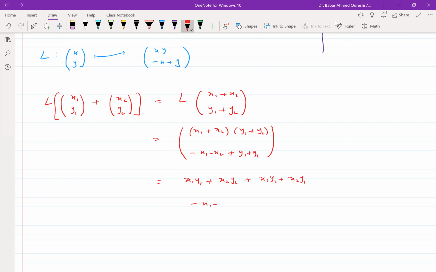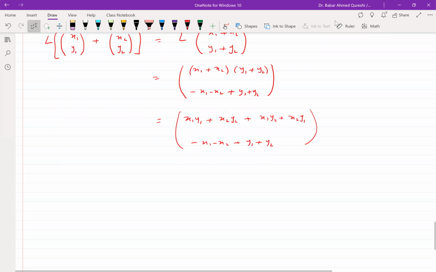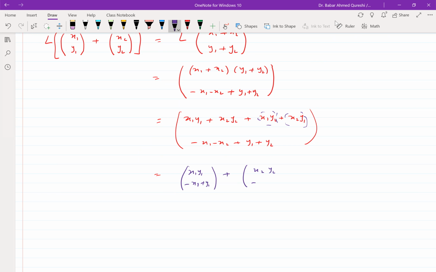And down here, I could split them up, open them up, if these terms were not here. Because if I just take this, then it would be minus x1 plus y1, minus x2 plus y2. I cannot, this sum is not equal to this vector.